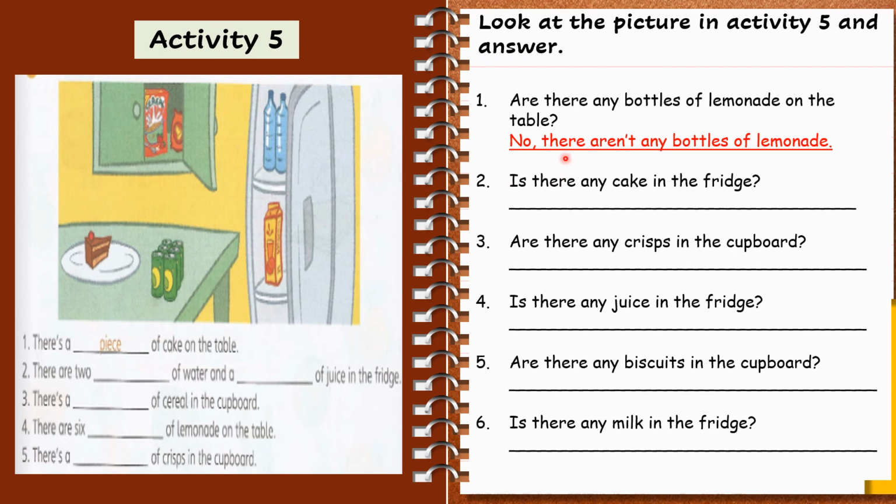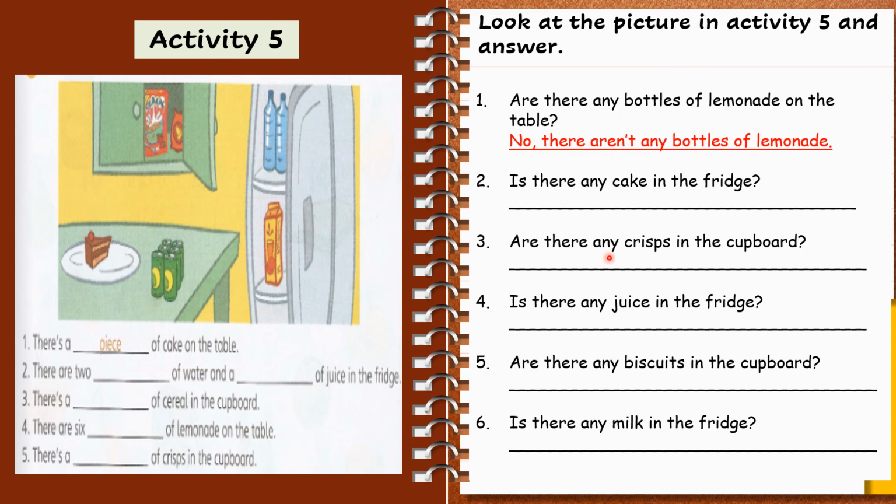Okay, this one, no, they aren't. For this one, no, there isn't, because the question starts with is. So you have to answer using is. If the question starts with are, you need to use aren't, are or are in the answer.